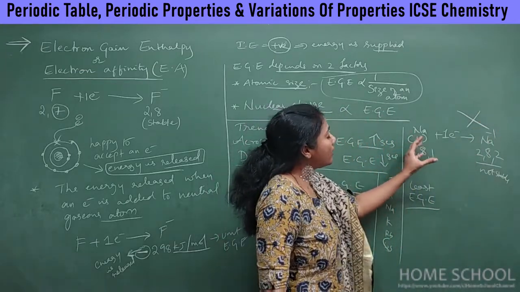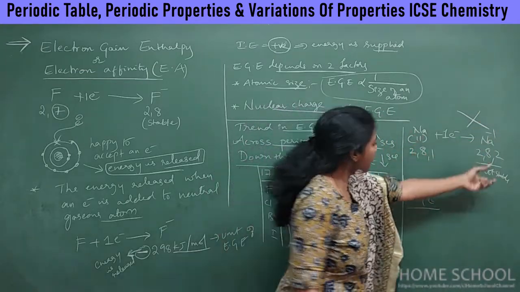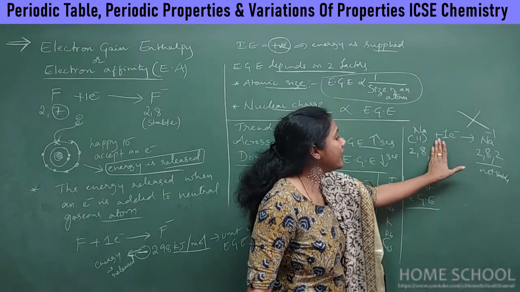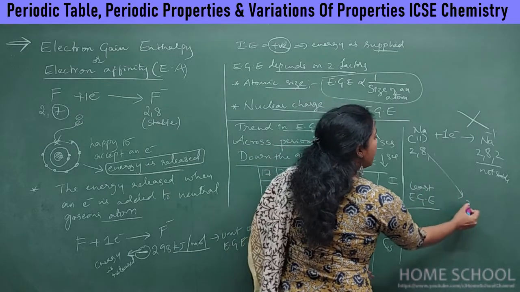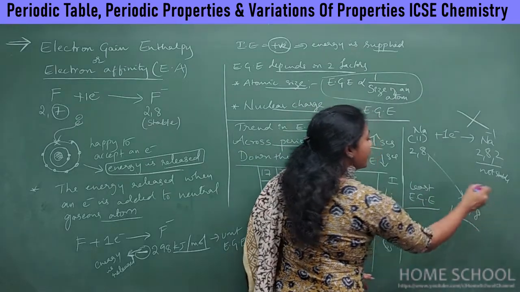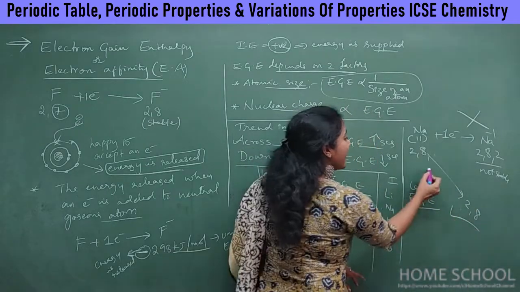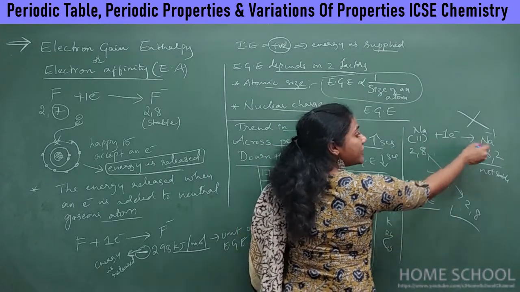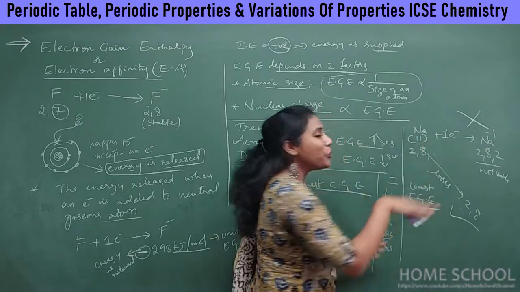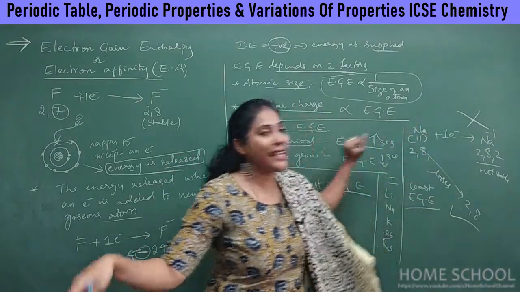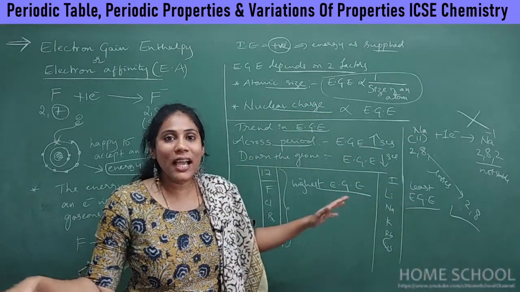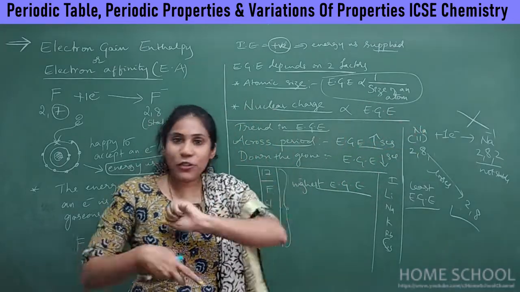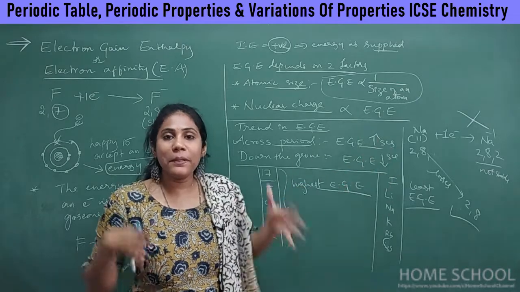So sodium achieves stability by losing electrons. If it can lose one electron and become 2, 8, then it achieves stability, right? So it achieves stability by losing, not by gaining. So sodium is not happy to gain that electron. It's not at all happy. Even if you forcibly put the electron, it says, no, I don't want this electron, it is disturbing me much more.